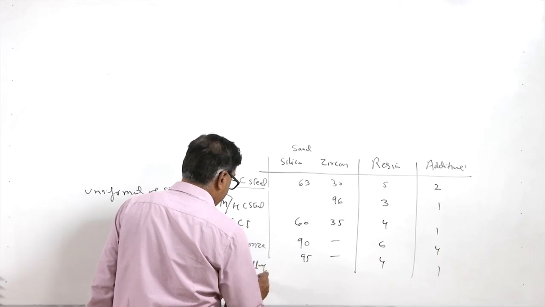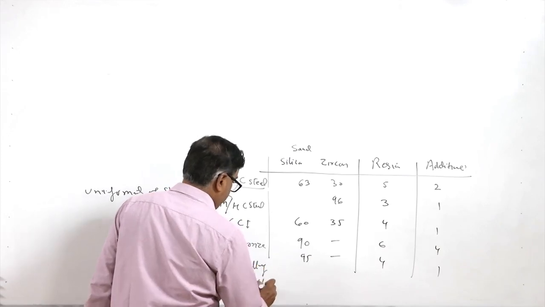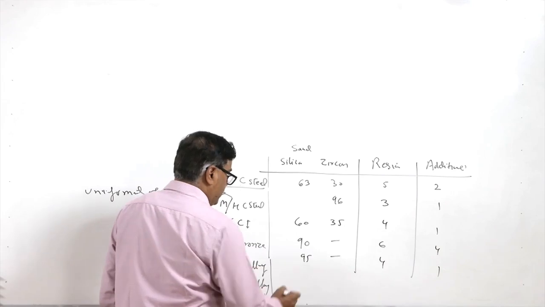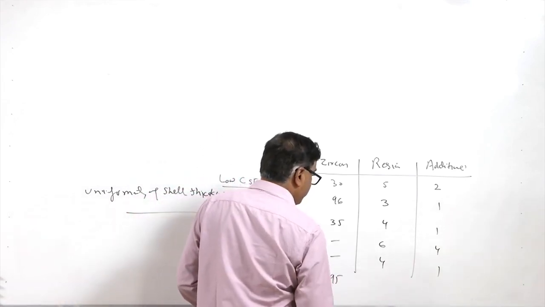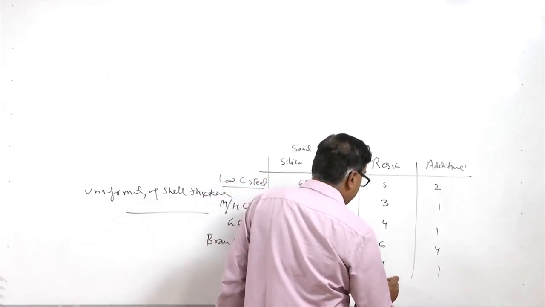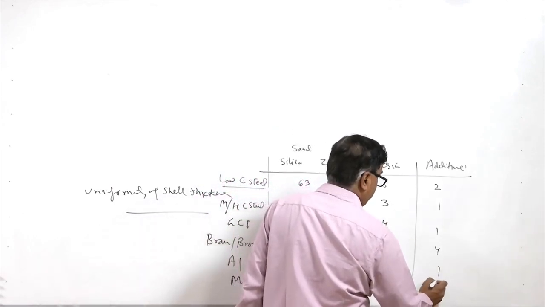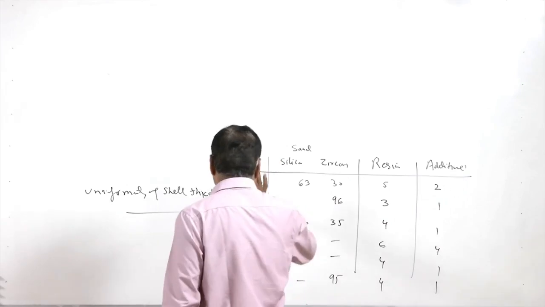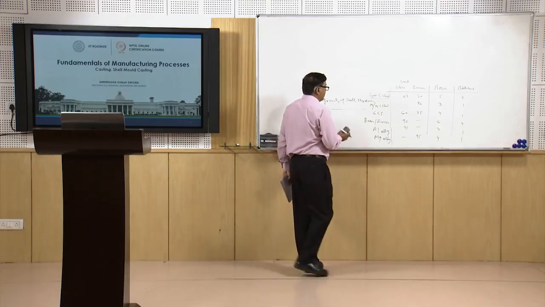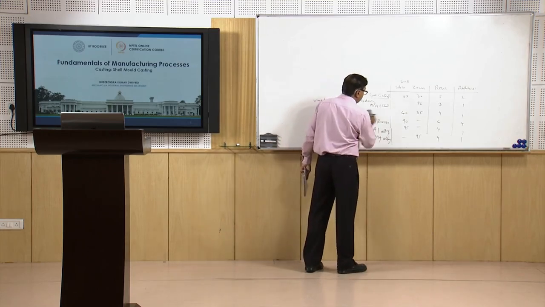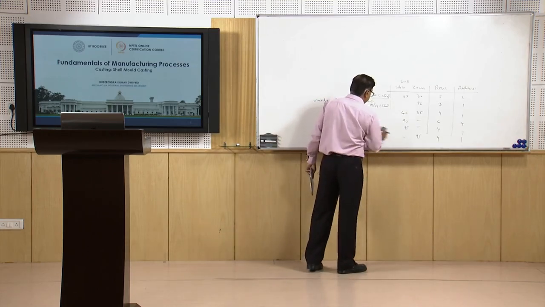This is for aluminum alloys, and for magnesium alloys, mostly zircon sand is used, 95%, 4% resins and 1% additives. So, these are the kinds of mixtures used for preparing the sand, resin and additive mixture for the shell mold casting process.